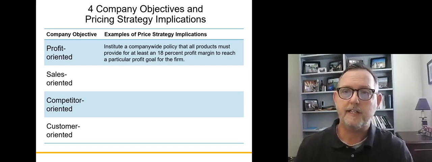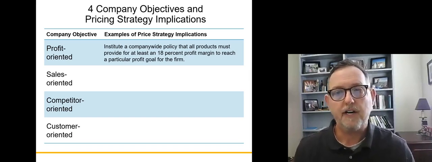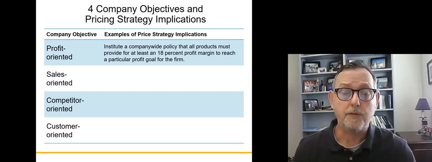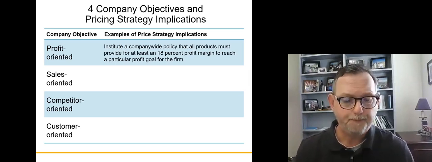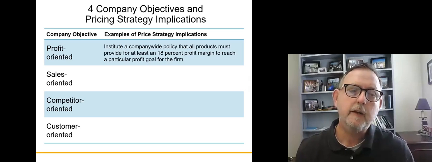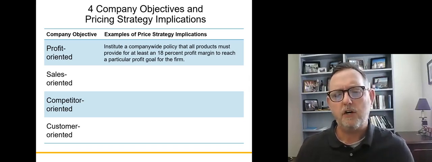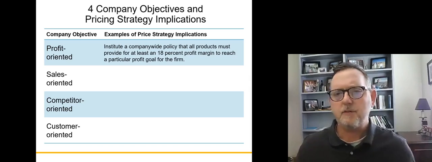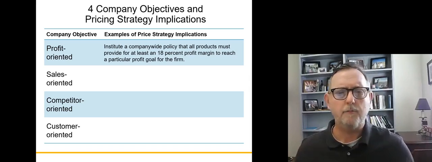So we might institute a company-wide policy that all products must provide at least an 18% profit margin to reach a particular profit goal for the firm. In finance terms, you might call this a hurdle rate or some type of benchmark, ROI.